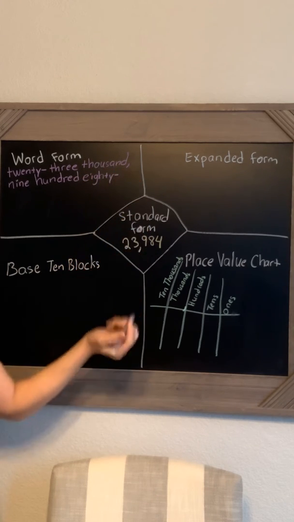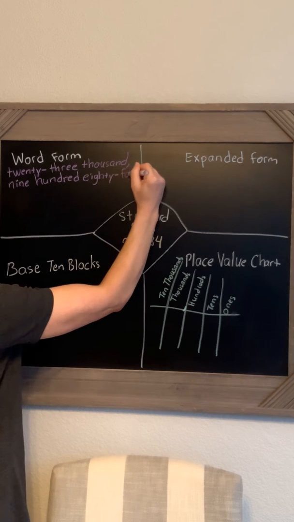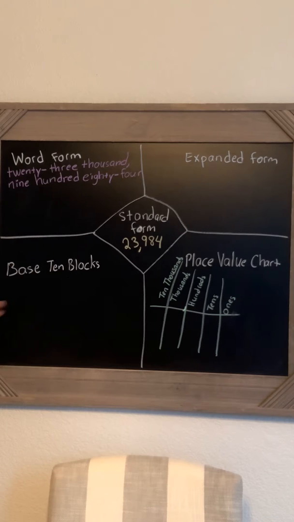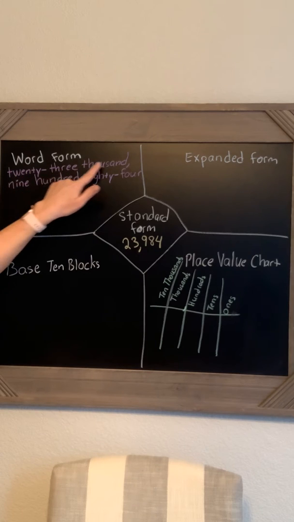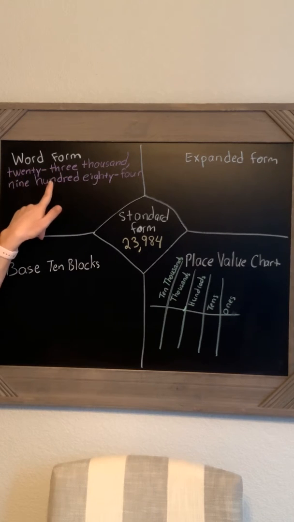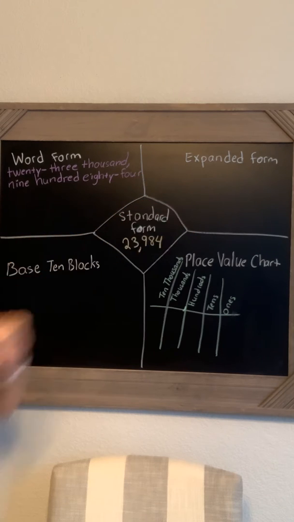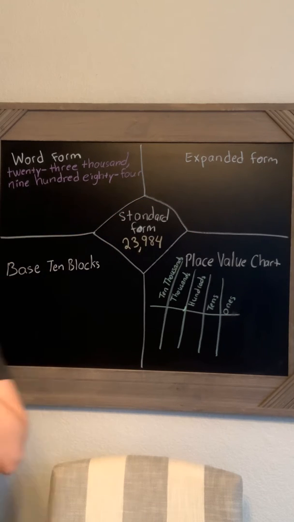I think I put my dash between 80 and 4. You notice I also have a dash between 20 and 3. So when we look at this number in standard form, I will say that as 23,984.